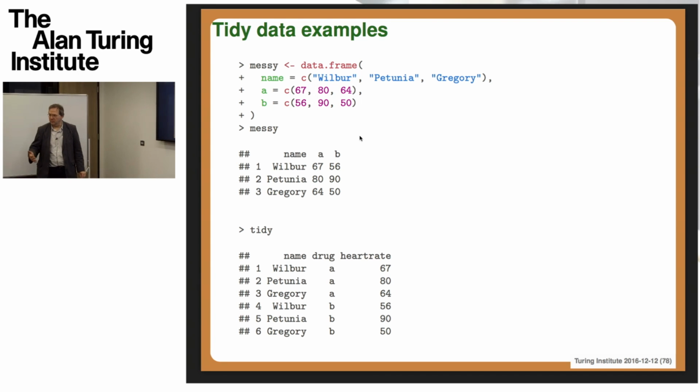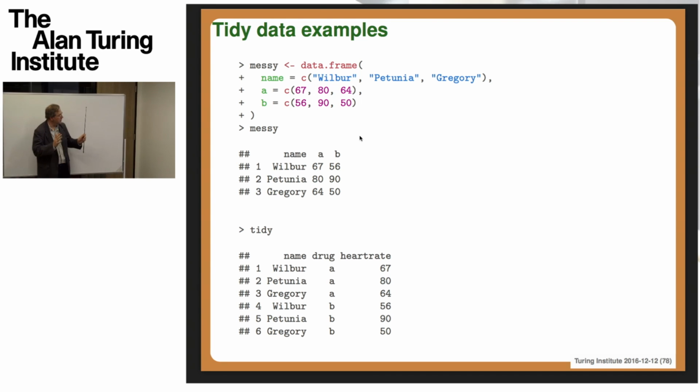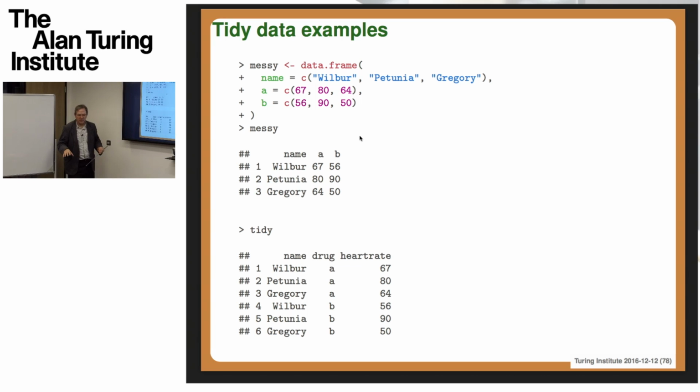And these are well worth learning and becoming familiar with, because then we can talk in this tidy data set context. Okay, I'm not going to spend the time now to look at the tidyr package, but I encourage you to get familiar with that.